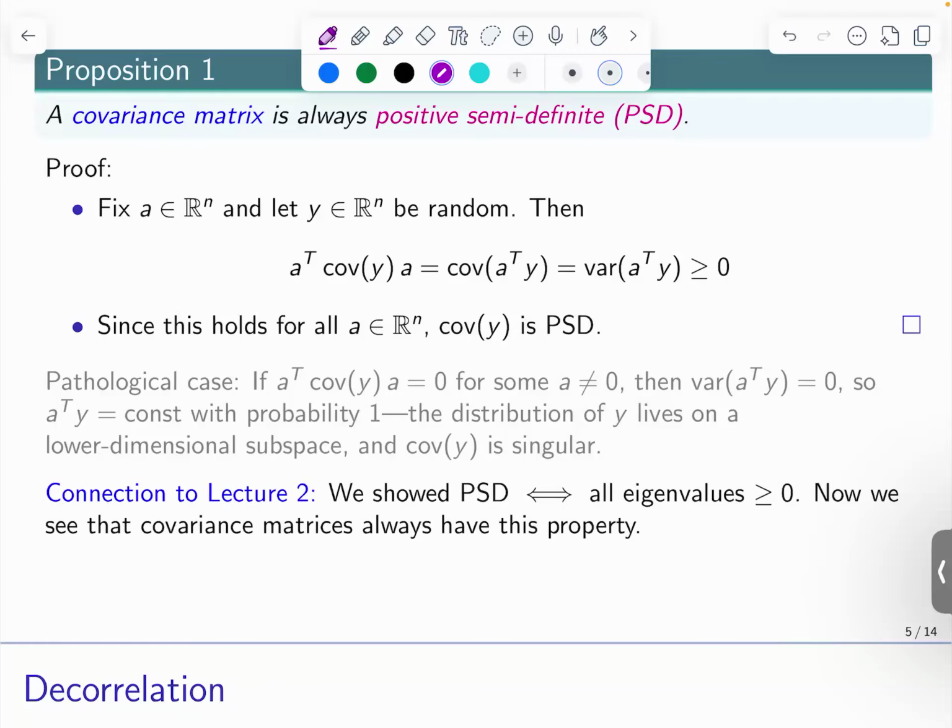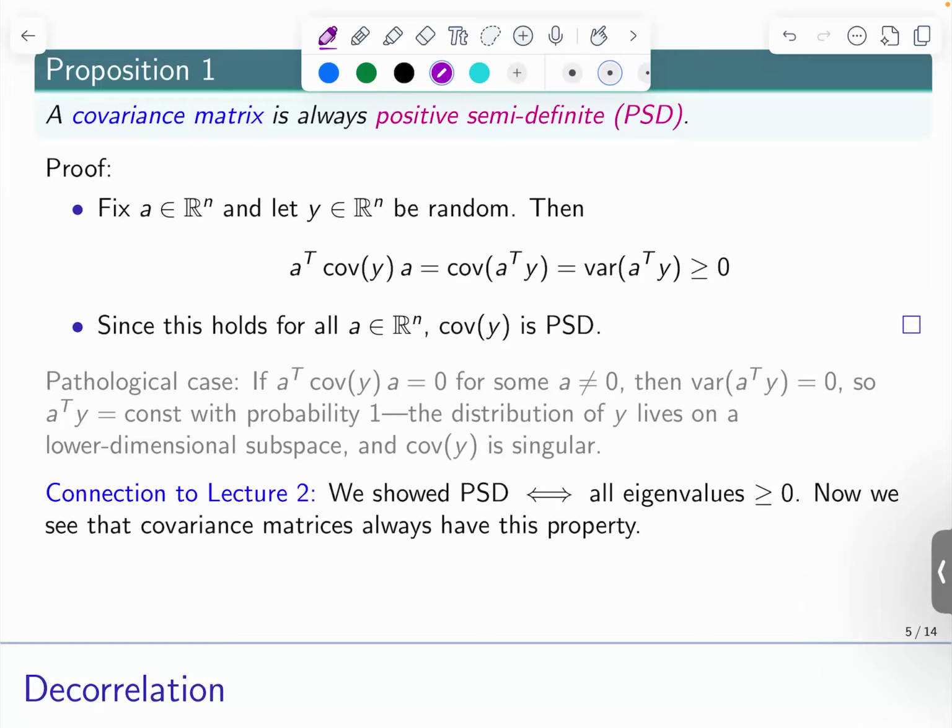How many people have seen positive semi-definite matrices elsewhere before? Okay, good. For other people, if you have a question, this is not a trivial concept, but once you stare at it and work with it, it becomes rather natural, like a non-negative number.